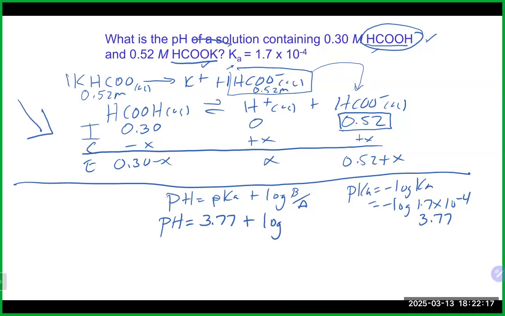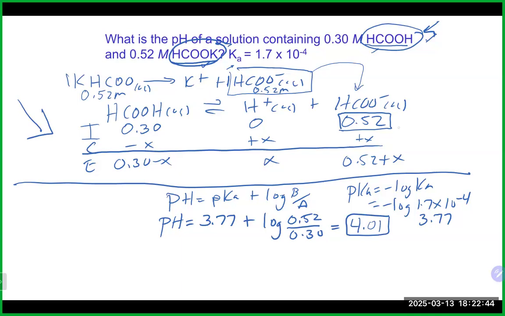Again, the base in this case is our salt, as that obviously is the acid, since it has more hydrogen, and that is 0.52 divided by 0.3. We go 0.52 divided by 0.3, take the log, and add 3.77, a pH of 4.01 in this case.